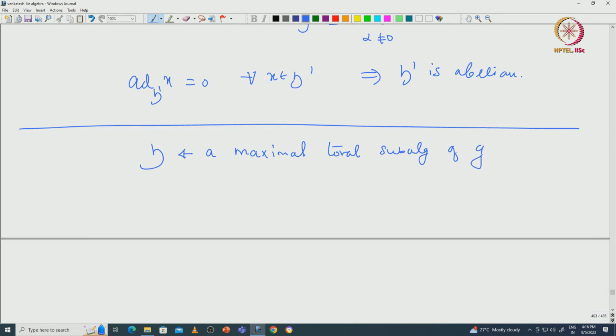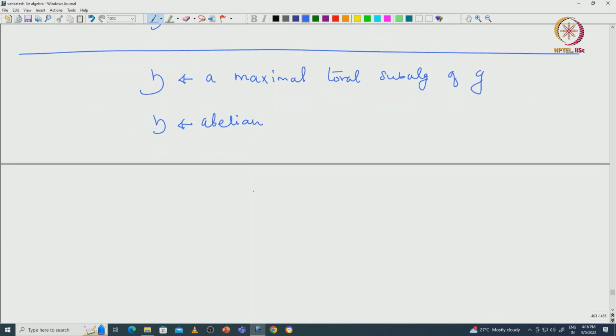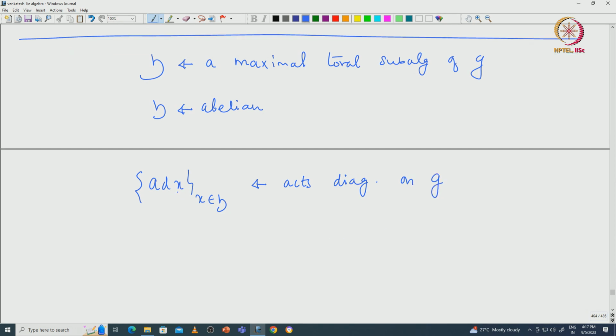Since each element of H is a semisimple element, ad x acts semisimply on G. Since H is abelian, when you restrict to x in H, ad x acts simultaneously diagonalizably on G, because these x's coming from H all commute with each other and consist of semisimple elements.